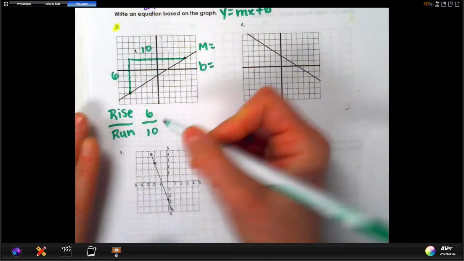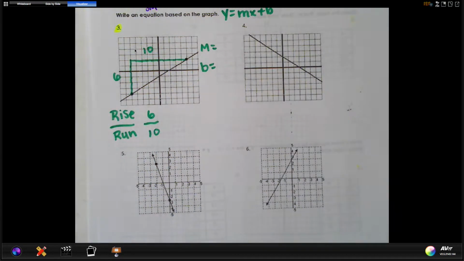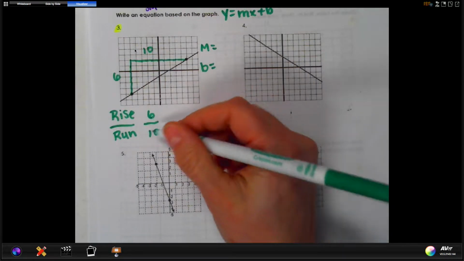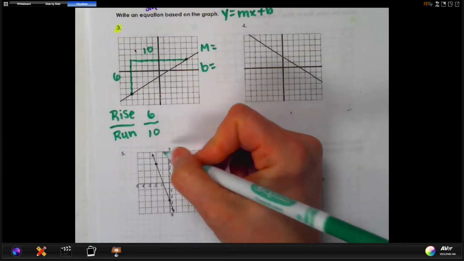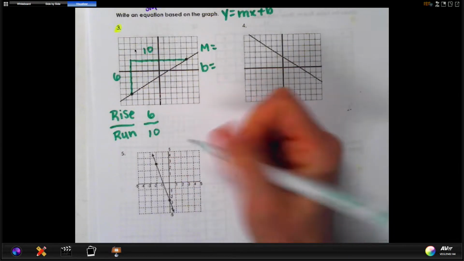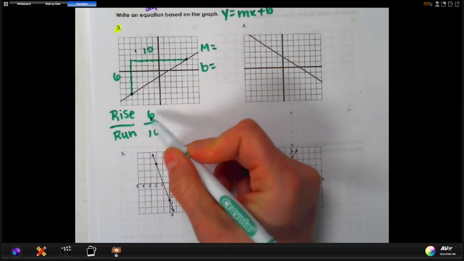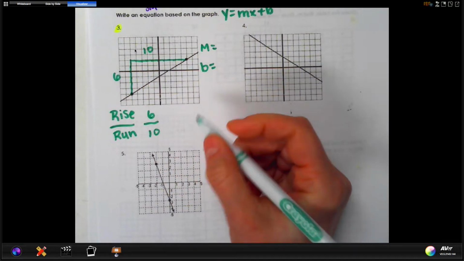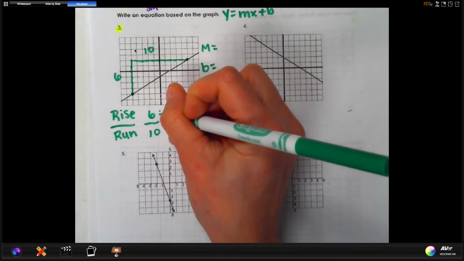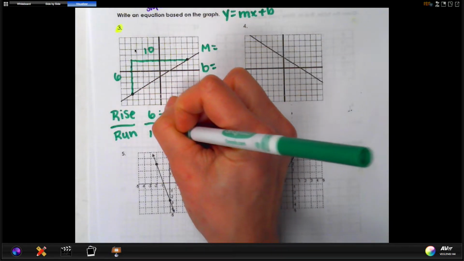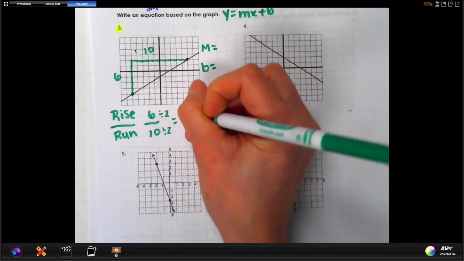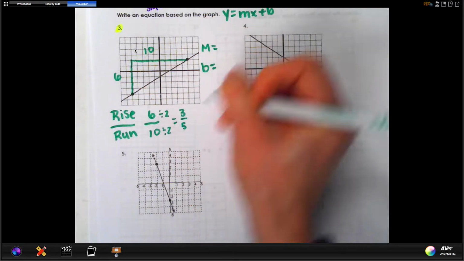Now, you want to look and see if you can divide this number or if you can reduce the number. So if you try this in your calculator, you will get a decimal of 0.6. That's not what we want, but you can reduce it. So the number that you can divide both 6 and 10 by would be 2. So if I divide the top by 2 and the bottom by 2, I get 3 over 5, and that's my m.